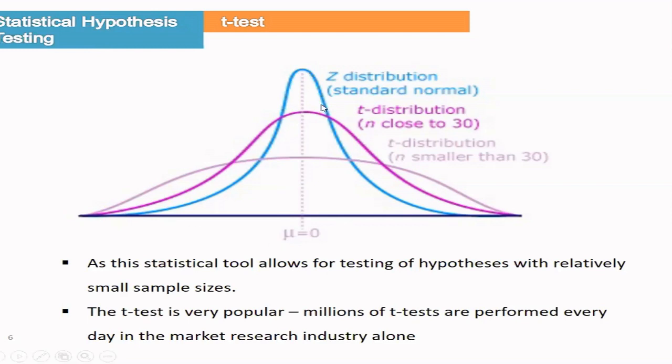If you see this figure, you can understand that when the sample size becomes 30 or less than 30, the tails on both sides become thicker and wider. So it becomes a t distribution.